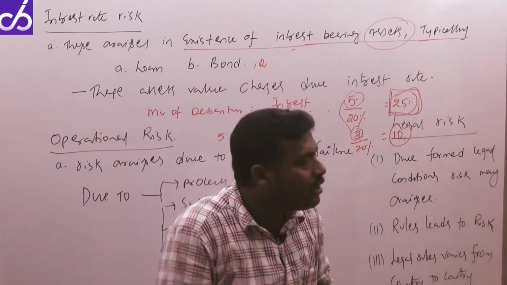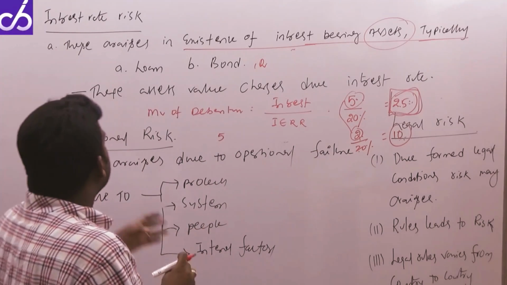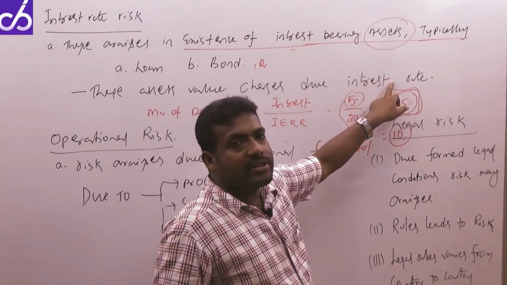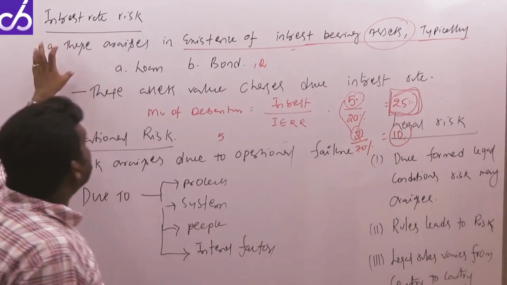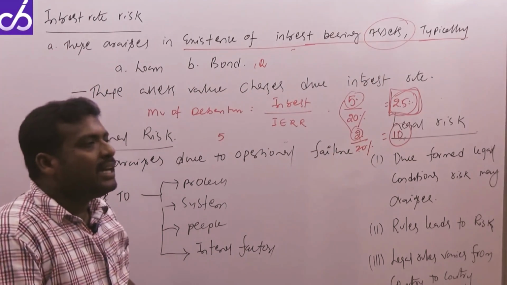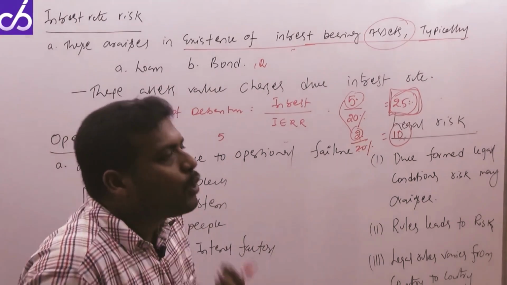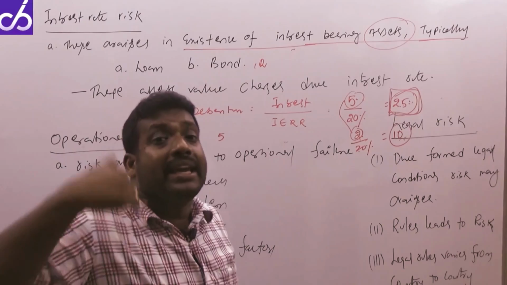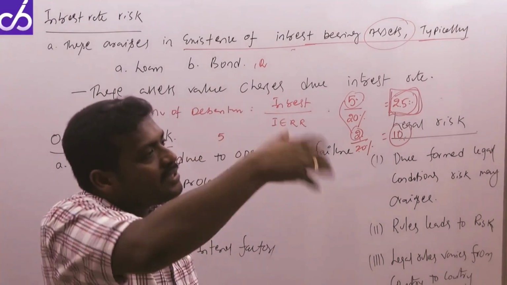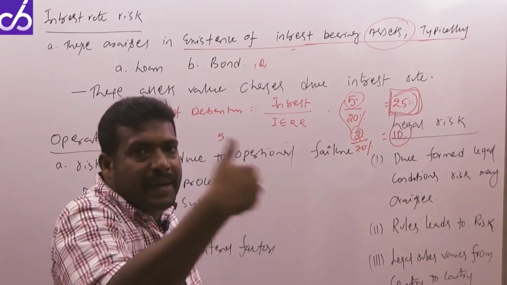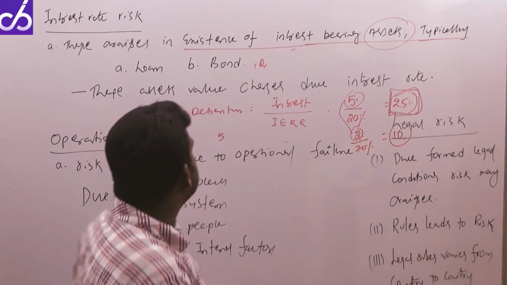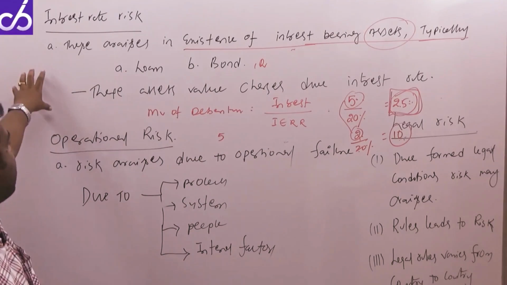Once the market value of the security collapses, the market value or asset value changes due to interest rate. Such a risk is called interest rate risk. If I get a better rate of interest, my asset value may increase. If the rate of interest systematically decreases, the market value automatically decreases. So this is called interest rate risk.